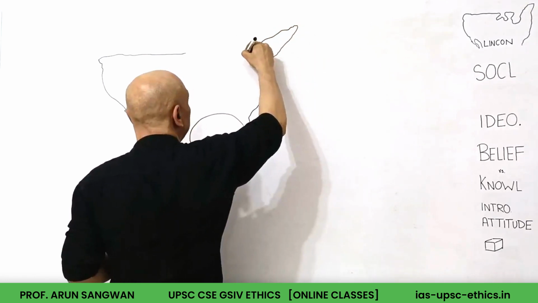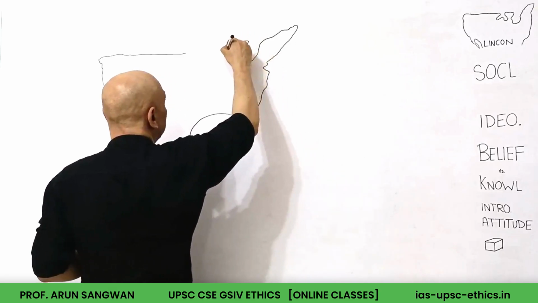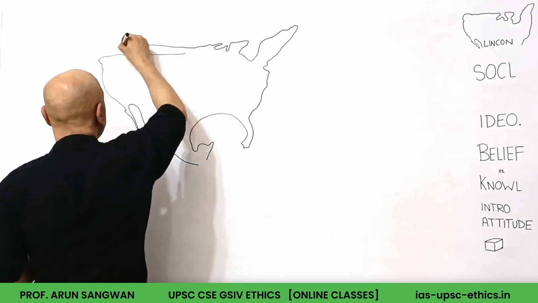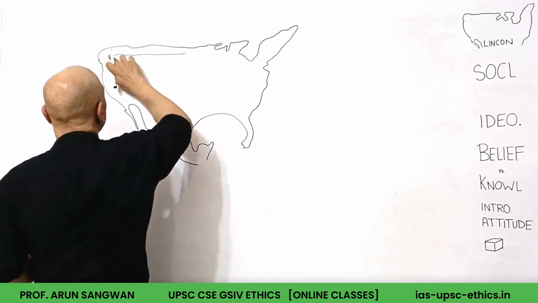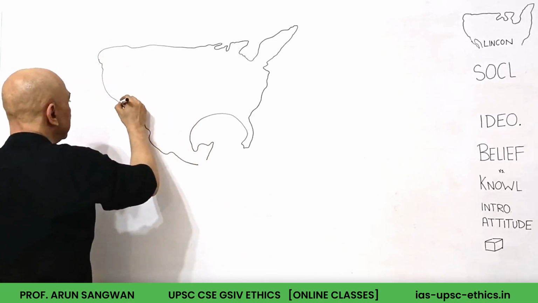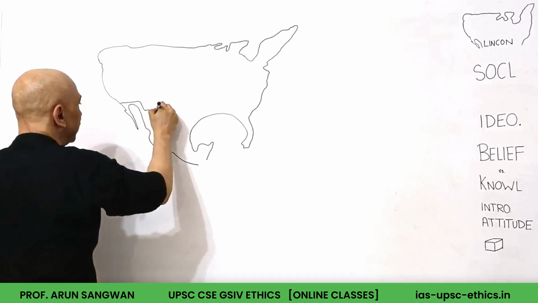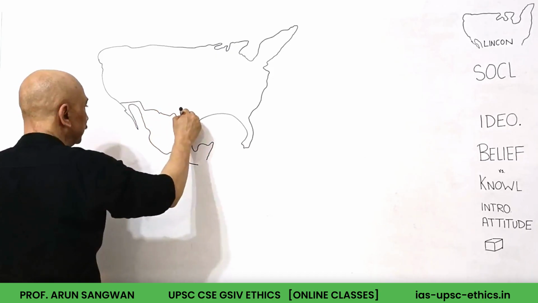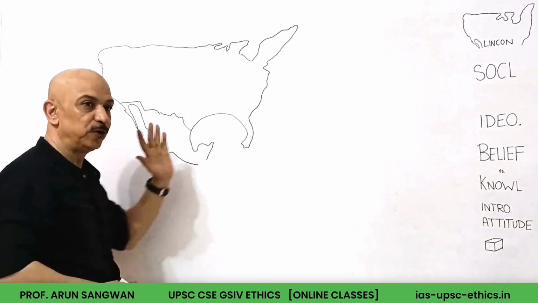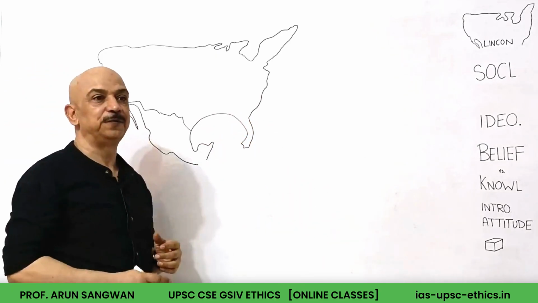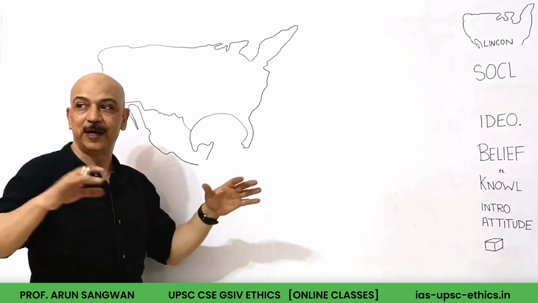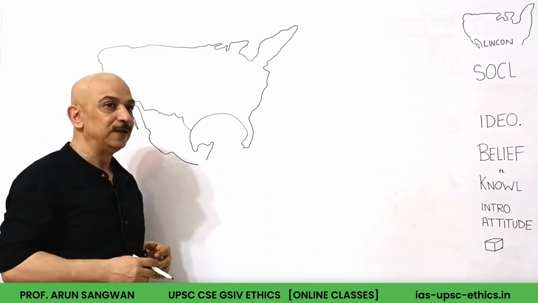We come back. Then we draw two lakes. So that is where we get the map of United States. And let's separate Mexico from it. Texas.